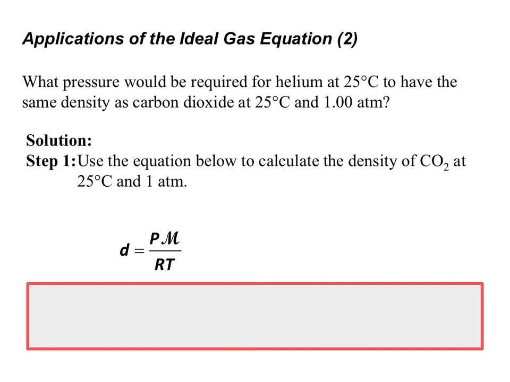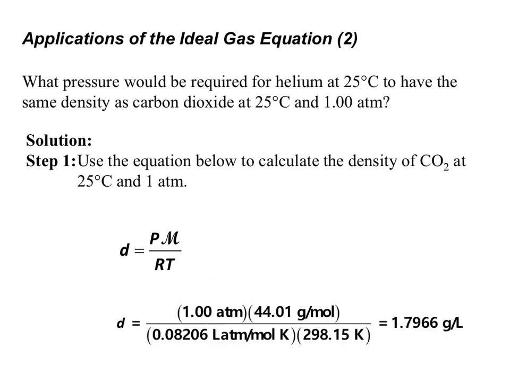Pressure is equal to 1, molar mass of carbon dioxide was 44, R will be 0.08206, and we will have to convert temperature into Kelvin, so 25 plus 273.15. Once we have these values, we plug them into the equation to give us a density of about 1.8 grams per liter.